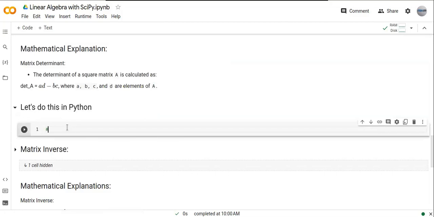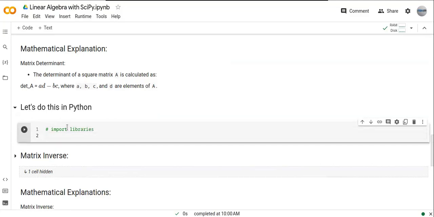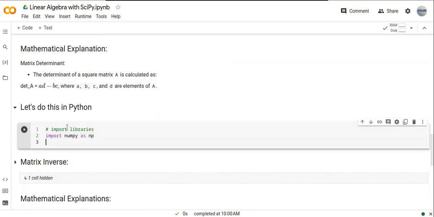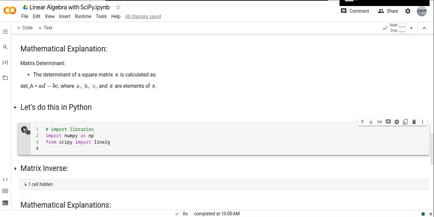To do this, first of all, let's import libraries: import NumPy as np, and from SciPy, which is a powerful library used for many mathematical computations, especially linear algebra, linear equations, and statistics, we import linalg. This is one of the most important modules.